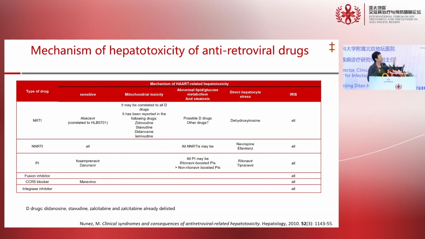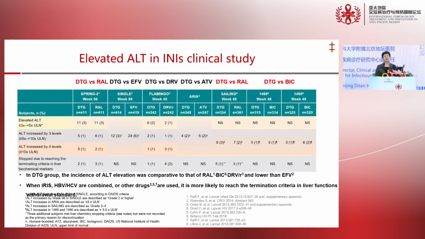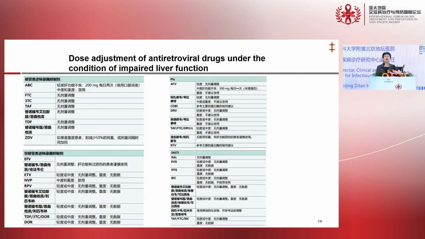Compared with the regimens not containing EFV, efavirenz has a higher incidence of liver toxicity, and the INSTIs are also metabolized by the liver, but may also have a potential effect.